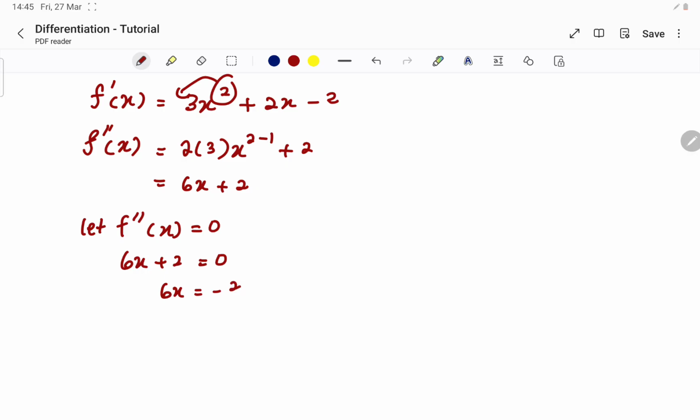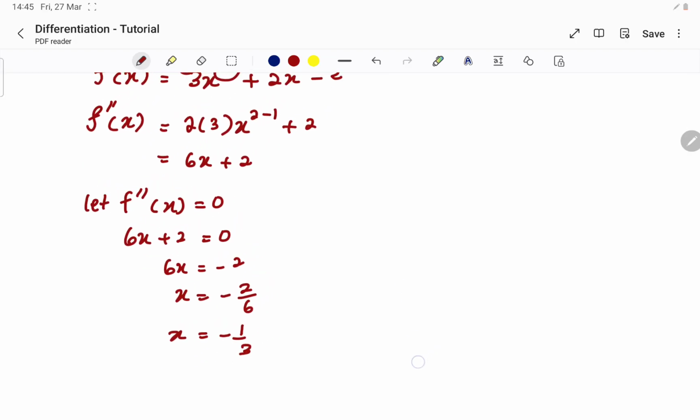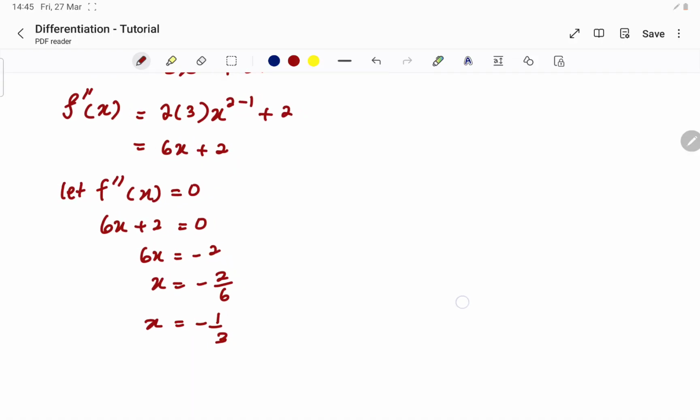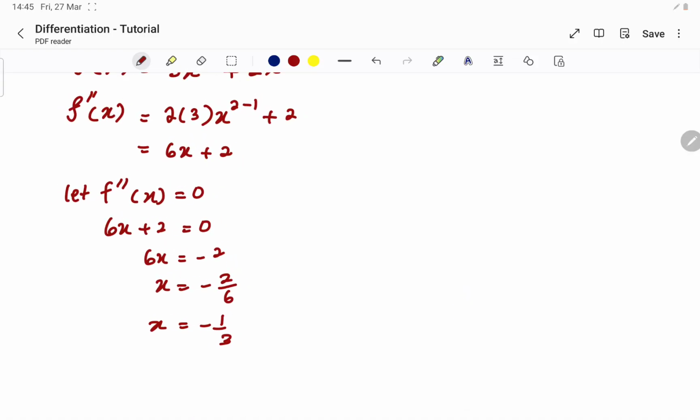6x equals negative 2, so the right side becomes negative 2, and x becomes 2 over 6, which is negative 1 over 3. Now from this you will get a point, so substitute inside y.